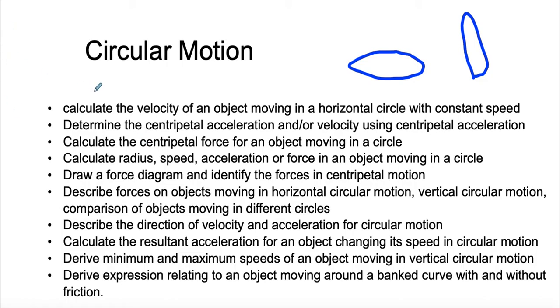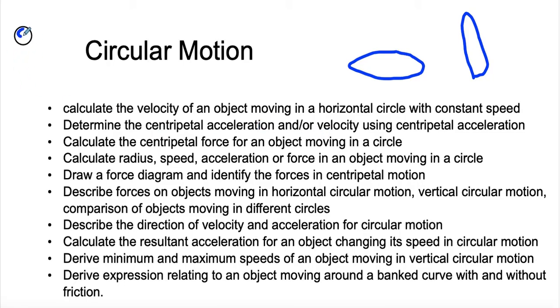So uniform circular motion means you're going around a circle at a constant speed. Horizontal is the easiest, and you can calculate the velocity. If you know how fast you're going, or what your RPMs are or something like that, you can get the velocity. But then your centripetal acceleration has a velocity dependence.